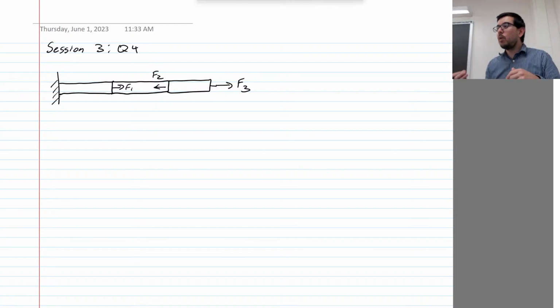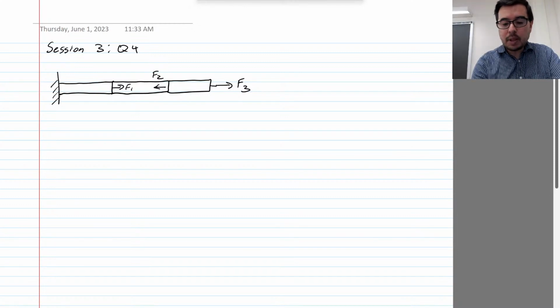But what we're going to attempt to do is use the principle of superposition. We'll pretend that this structure is experiencing these individual forces, and then add up the displacements from these individual contributions to come up with a final result.